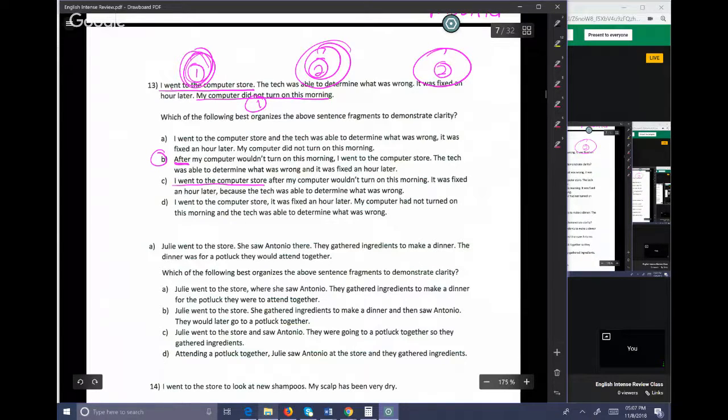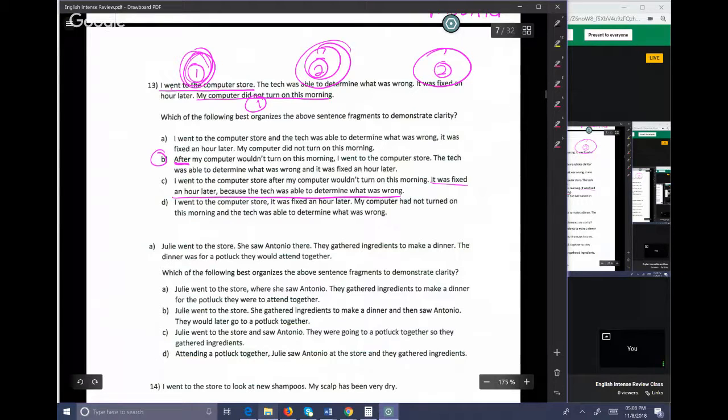C starts out okay. I went to the computer store after my computer wouldn't turn on this morning. That's not as clear as saying after it wouldn't turn on, I went to the store. There is an element of having it in that order: it didn't turn on, went to the store. It's clearer to say it in that order than to say went to the store because it wouldn't turn on. That in and of itself does not make an answer wrong. That doesn't make C wrong. The problem is they went a roundabout way with the second part.